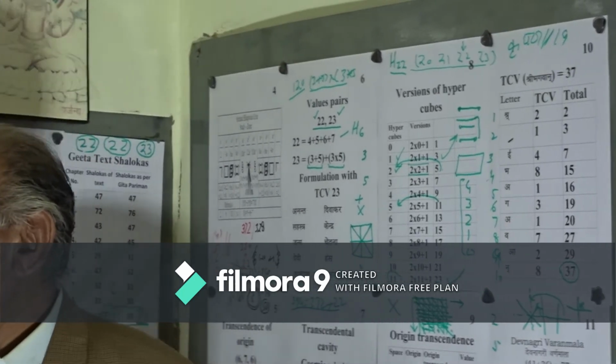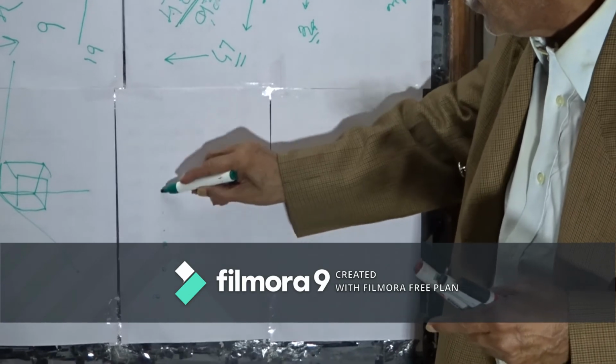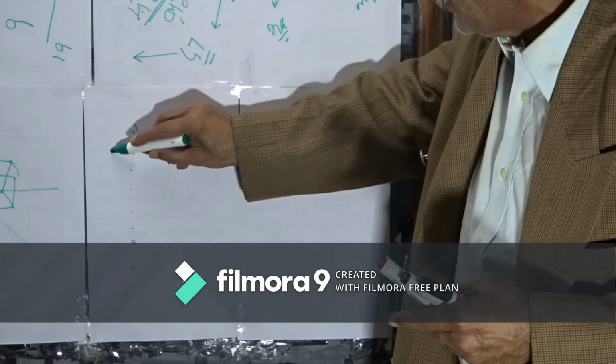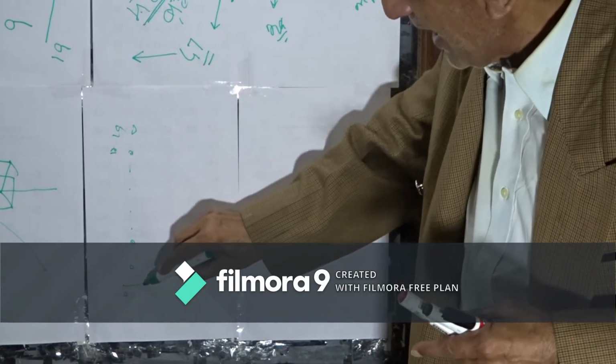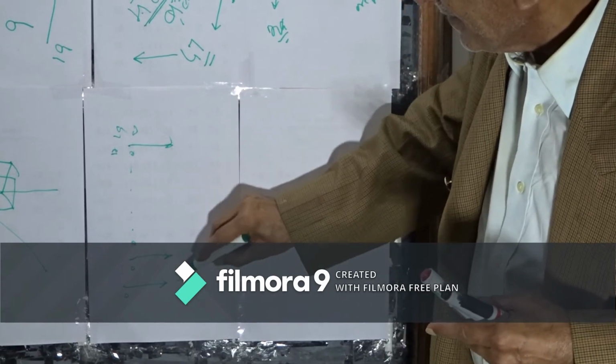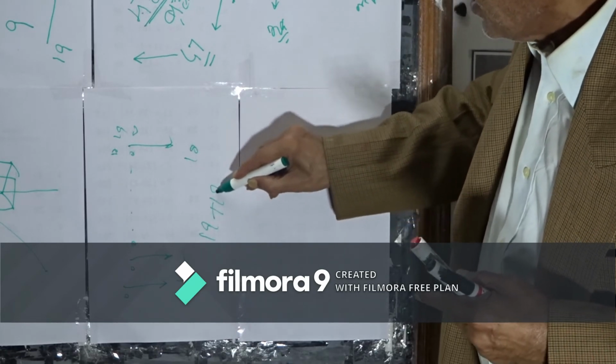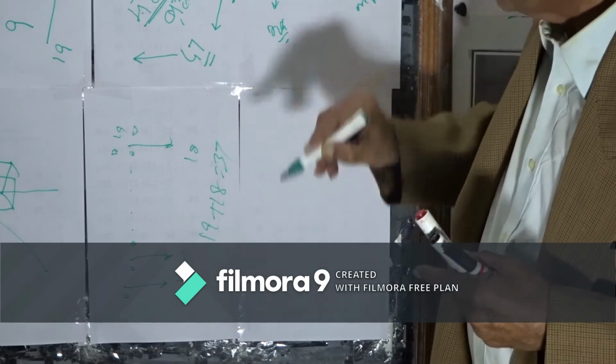And if we have 19 points, 1, 2, 3, up to 18 and 19, the gaps will be 18. And we know 19 plus 18 is equal to 37.